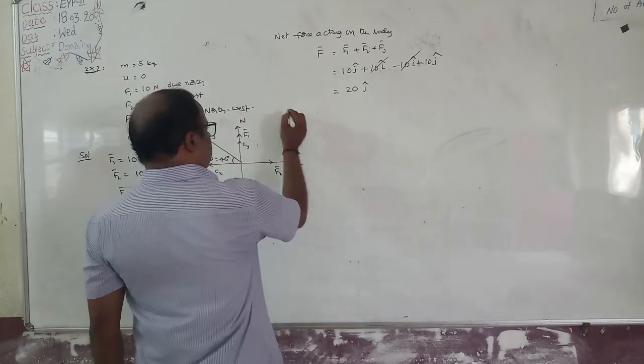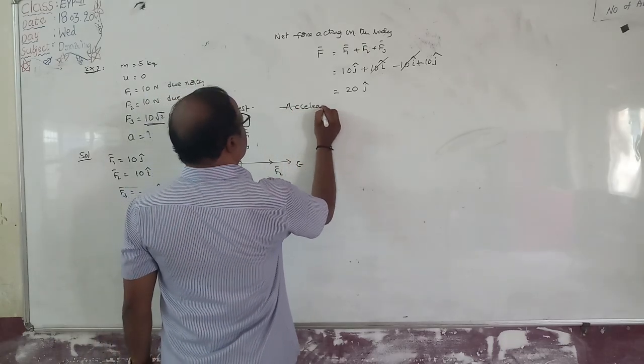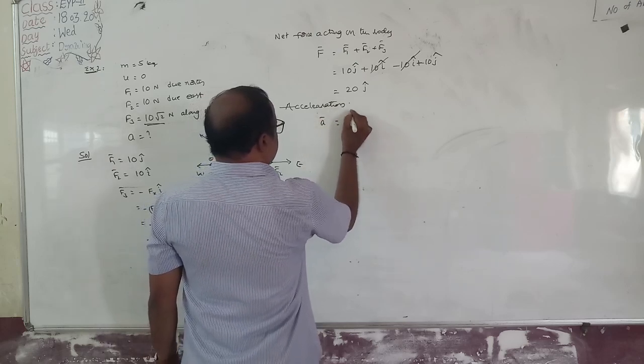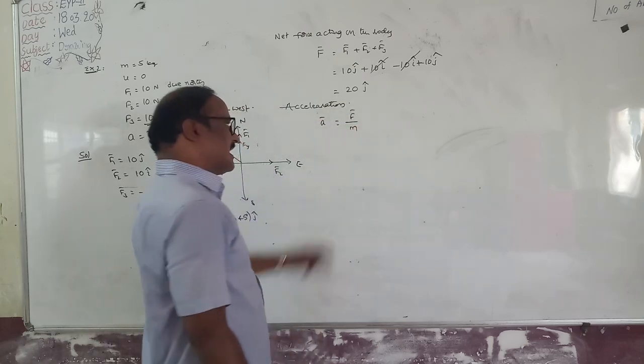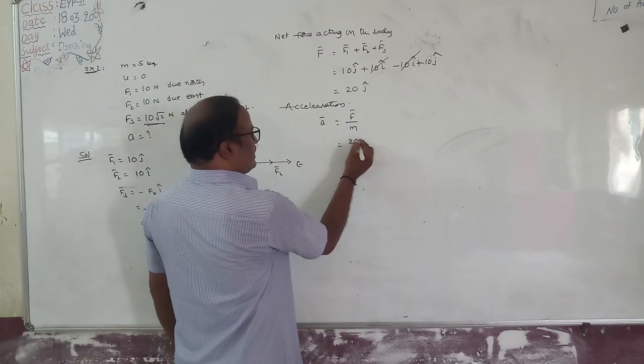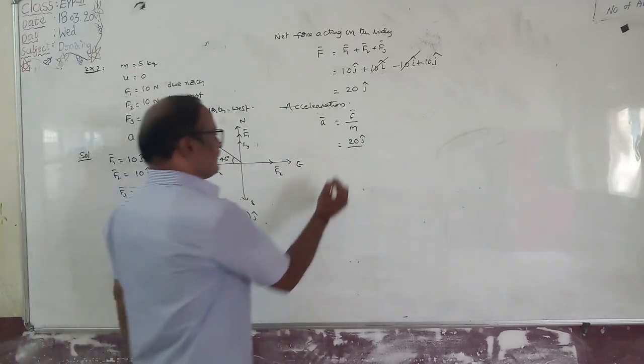Again, acceleration of the body is given by a bar is equal to f bar by m. According to Newton's second law, f bar is equal to m a bar. That is, a bar is equal to 20 j cap divided by the mass of the body, which is 5.